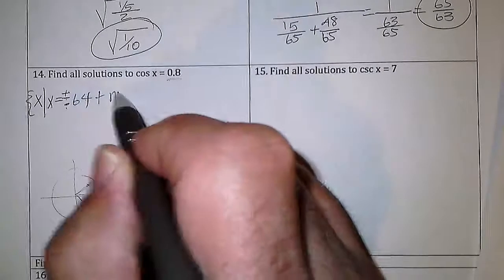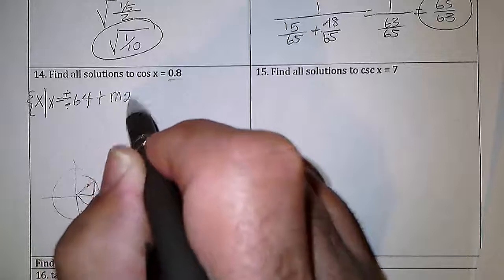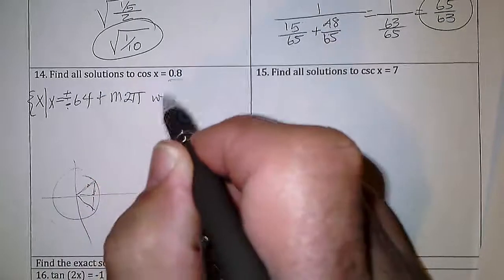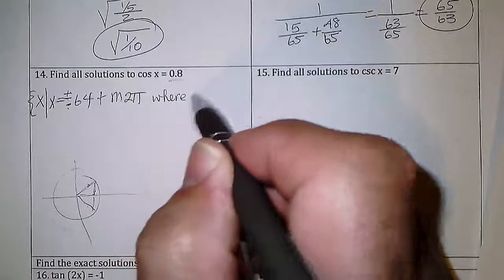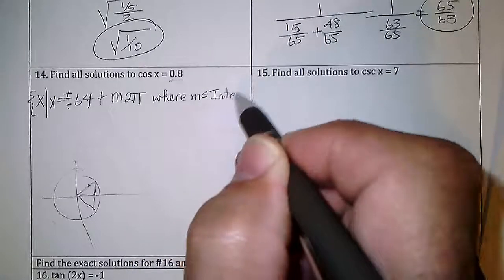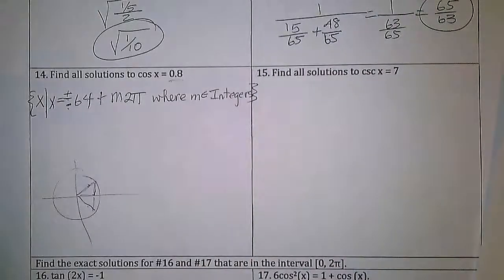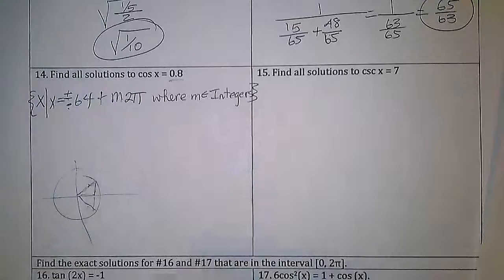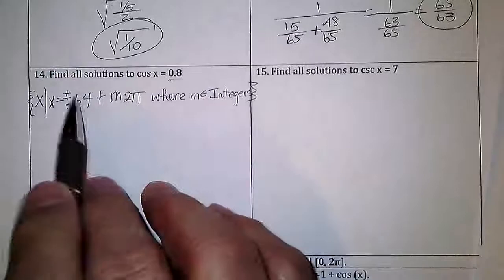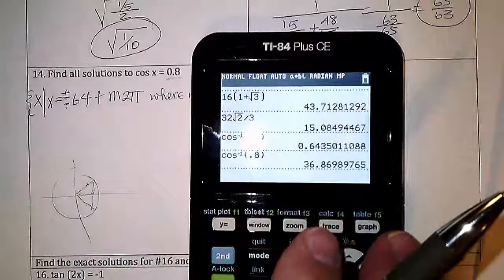So the plus and minus, both of them are plus a multiple of 2 pi, where m is an element of the integers. And that's it. You could do it in degrees. Then this would be 360, and this would be 36.9 degrees.